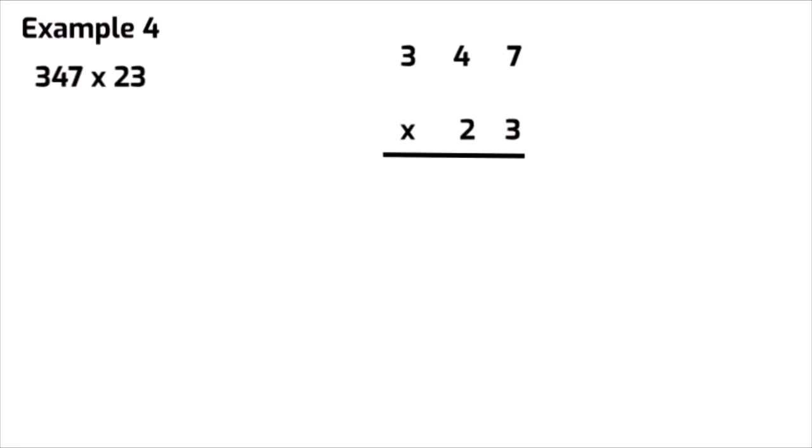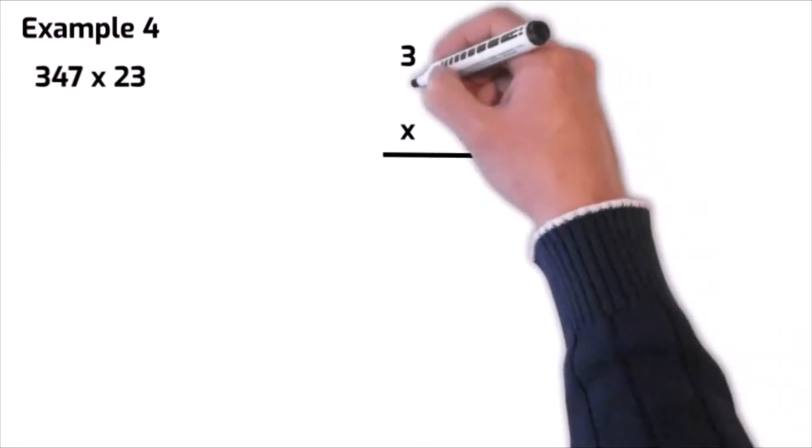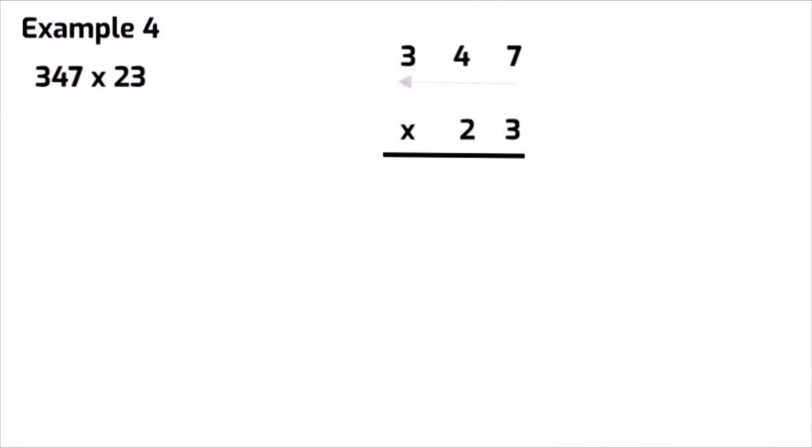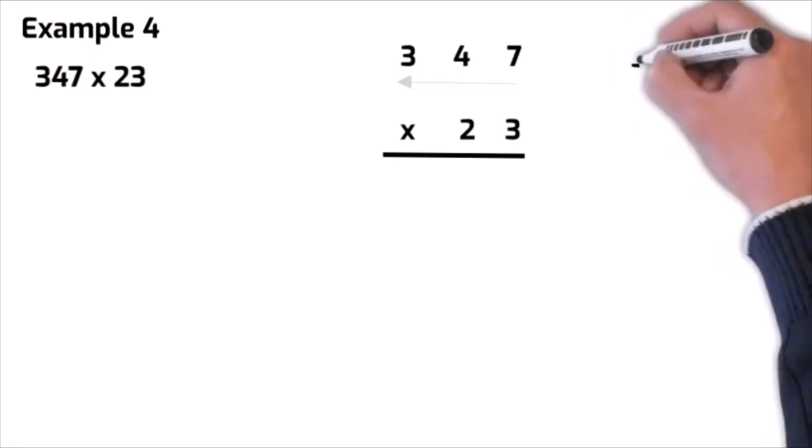We will use 3 to multiply 7, 4, and 3, from right to left. Next, we shall use 2, our second multiplier, to multiply our multiplier, still from right to left. So, let's begin.